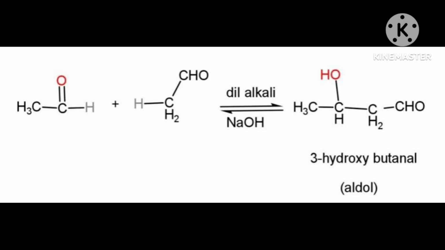Now what will happen? These two electrons can make a double bond. In the beginning there was only a single bond between C and CH. Now it can make a double bond.